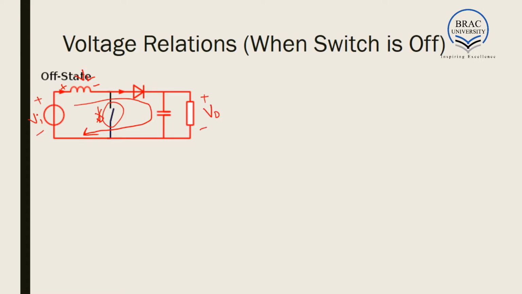By applying KVL, we find minus VI plus VL plus VO is equal to 0. From this we can write VL is equal to VI minus V naught. This is equation 2. So when the switch is on, VL is equal to VI, and when the switch is off, VL is equal to VI minus V naught.